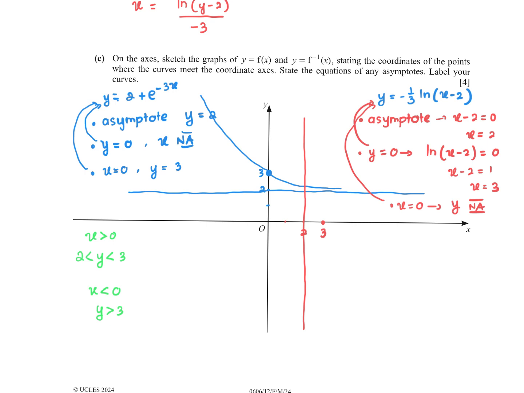And I think I also need more points to sketch my graph. So I can see the x in between 2 and 3 or greater than 3. When x is in between 2 and 3, you can substitute by 2.1, 2.2, 2.9, whatever.